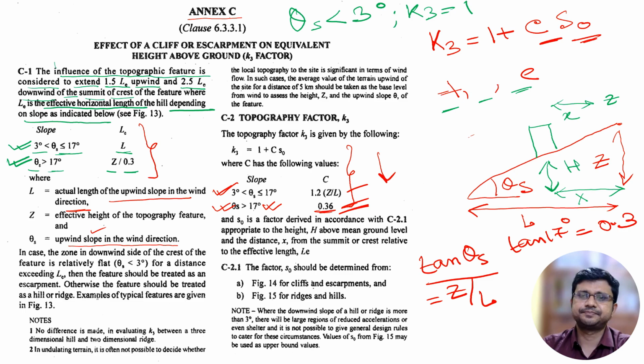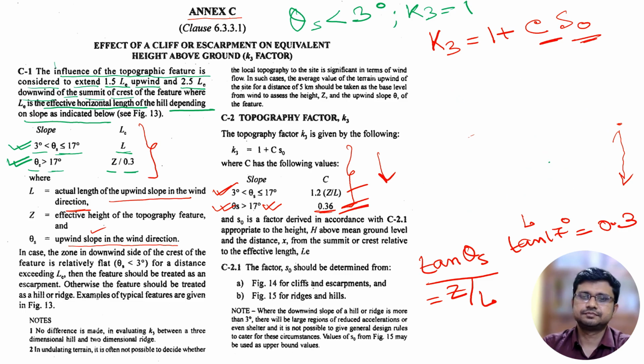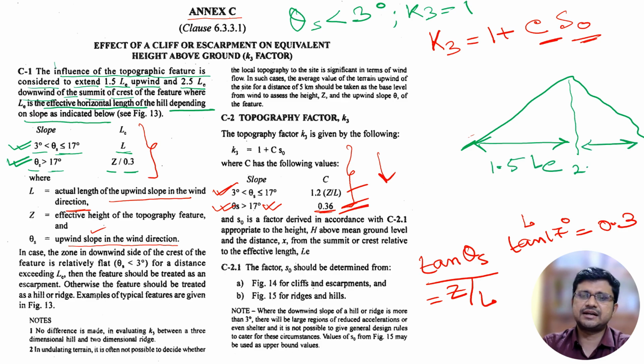So we can say that suppose if this is one topographic feature, then the effect of the topographic feature will be 1.5 LE in the upwind direction and 2.5 LE in the downwind direction from the maximum height of the topographic feature.